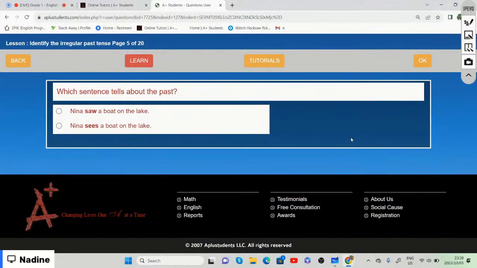And then Nina saw a boat on the lake. Or Nina sees a boat on the lake. So it's either Nina saw a boat on the lake or Nina sees a boat on the lake. We need to choose the correct sentence that tells us about the past. Is it saw or sees?